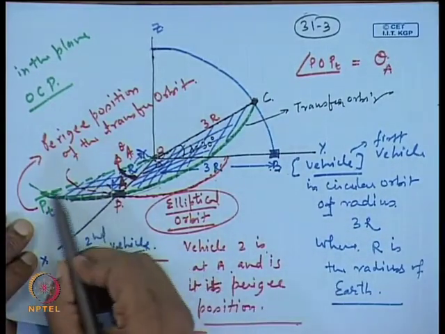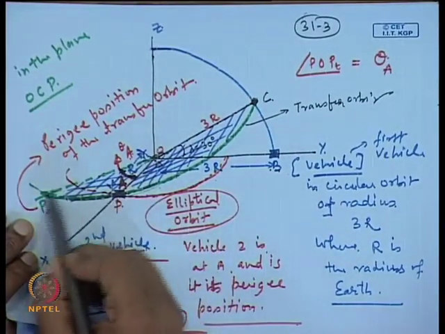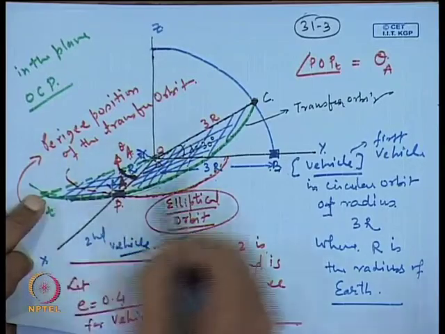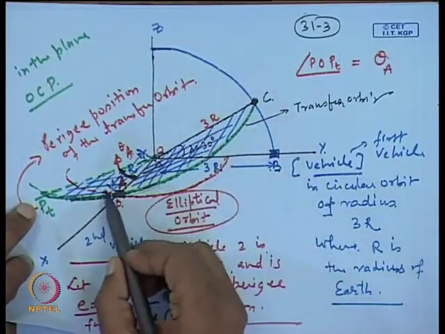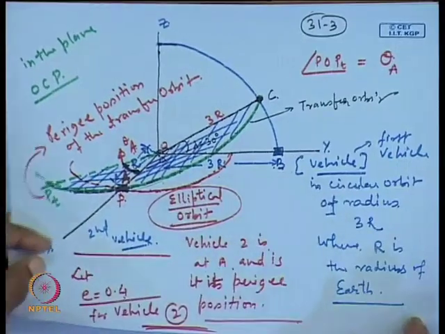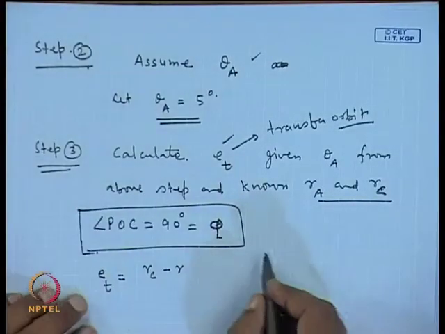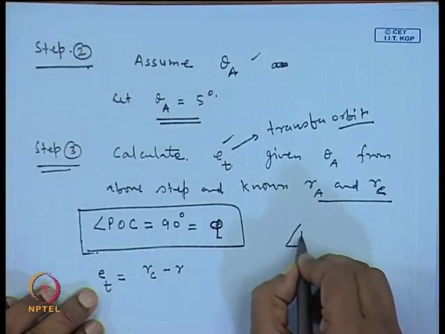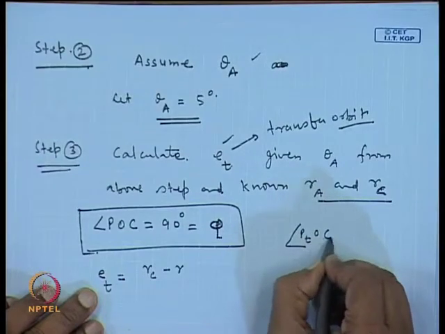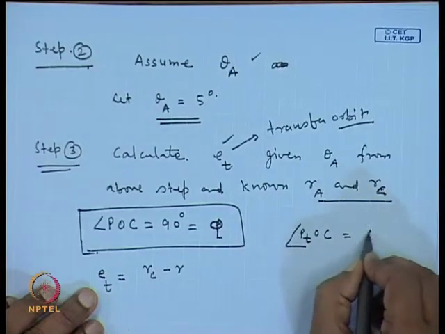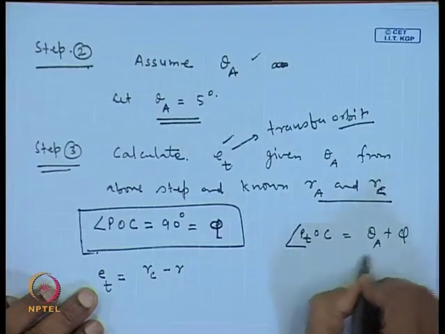So, the angle from this perigee line or periapse, which is OPT to OC is nothing but theta a plus phi. So, the angle PT OC, this is theta a plus phi.